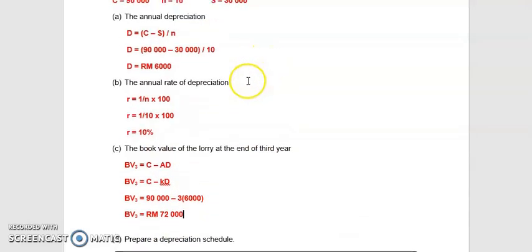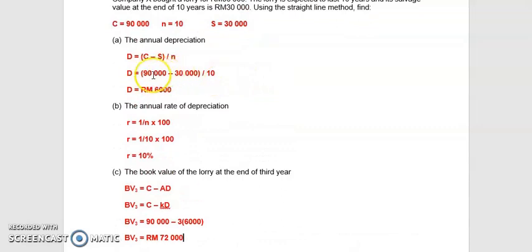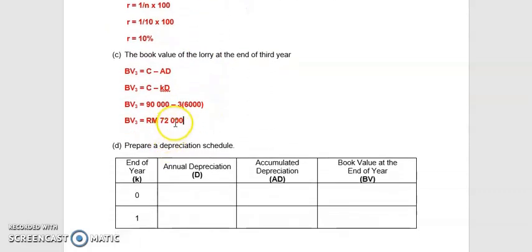The cost of the lorry when you just bought it is 90,000. But once you use it until 3 years, the value is only left with 72,000. So that is meant by book value: value of the asset at the particular year.